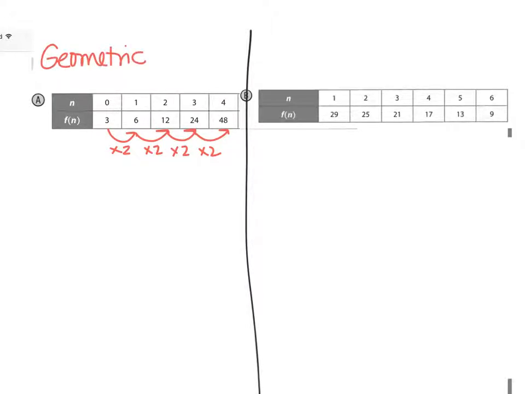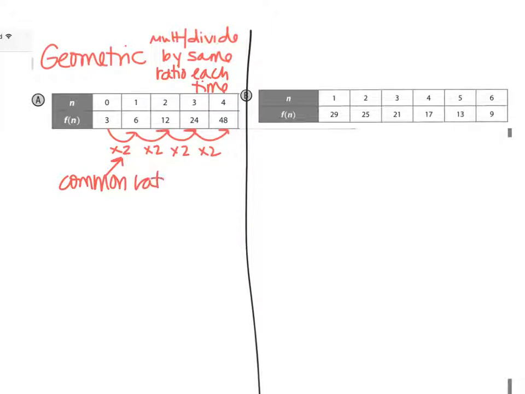In a geometric sequence, you are either going to multiply or divide by the same ratio each time. This value right here is called the common ratio.